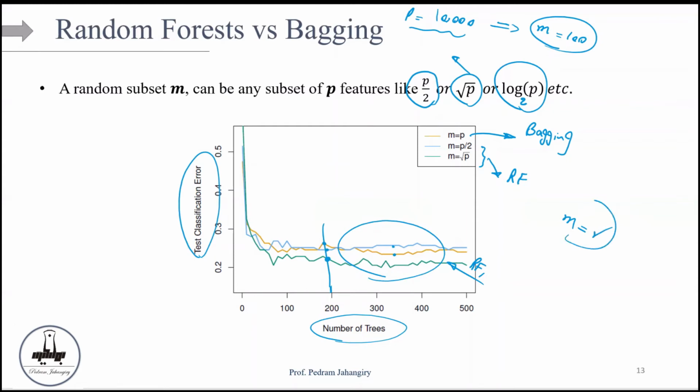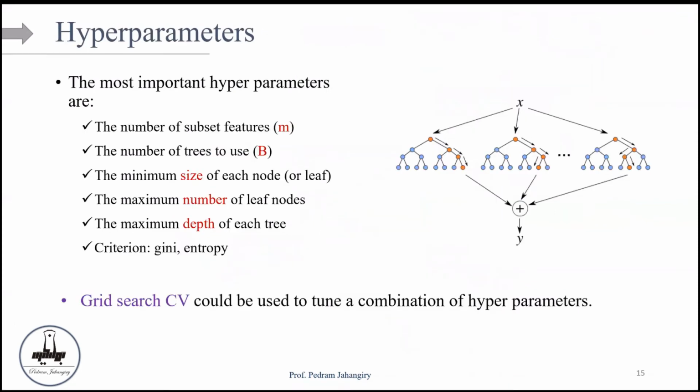So this is going to be one of the hyperparameters that we need to tune when dealing with random forest models. The most important hyperparameters for random forest are the following, right? Most of them overlap with the hyperparameters of decision trees, because random forests are derived from decision trees. It's a tree-based model.